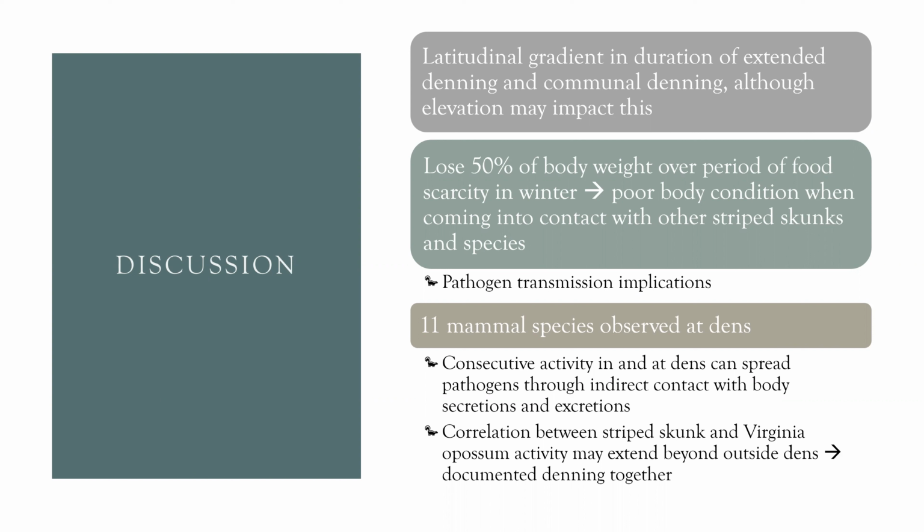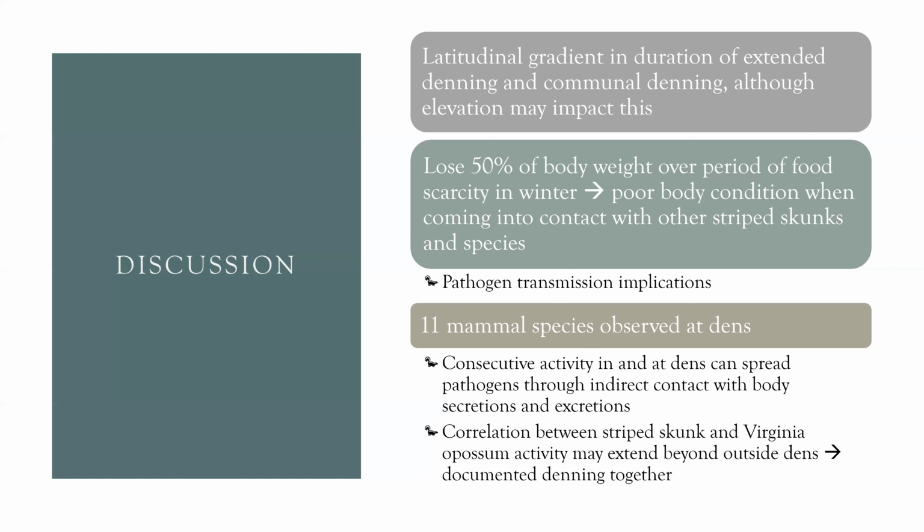And so with consecutive activity, these different species or individuals visiting the same shared site might be coming into contact with excretions and secretions, urine and feces, for example. We can see some indirect transmission of pathogens, especially pathogens that might be able to persist in the environment for a period of time.